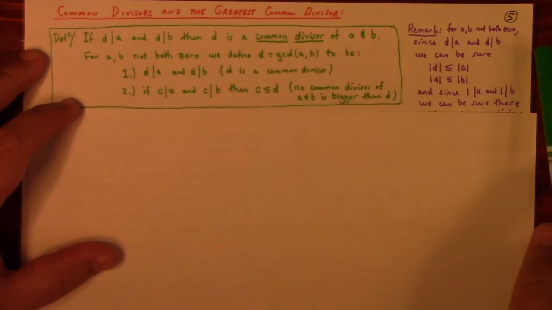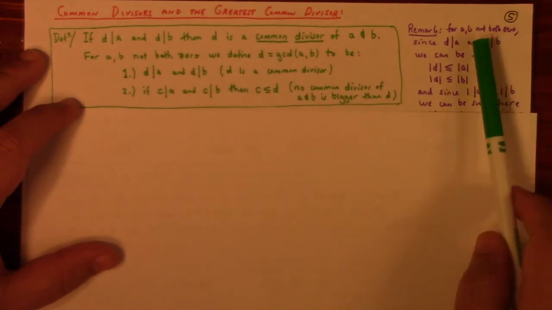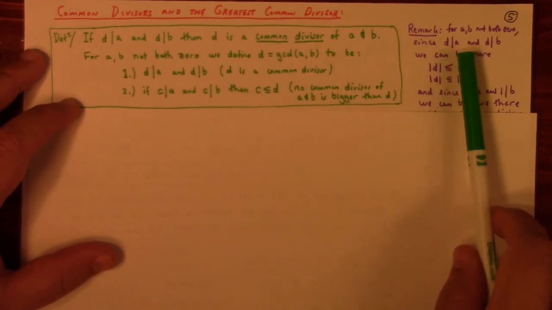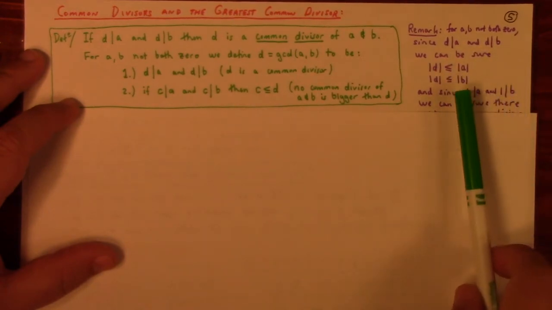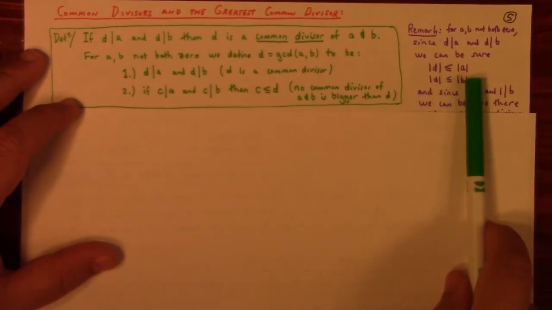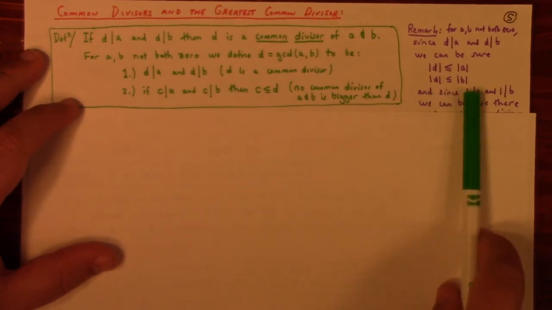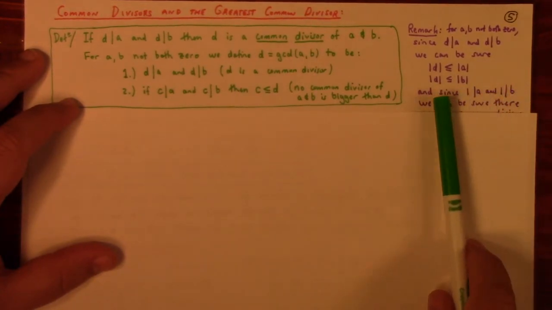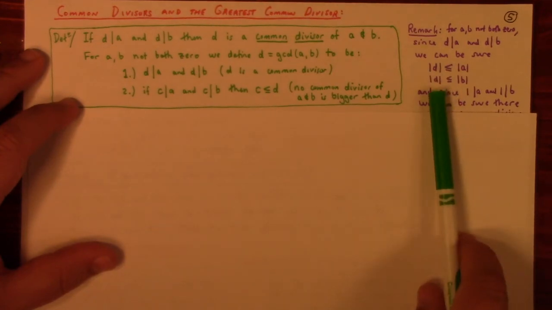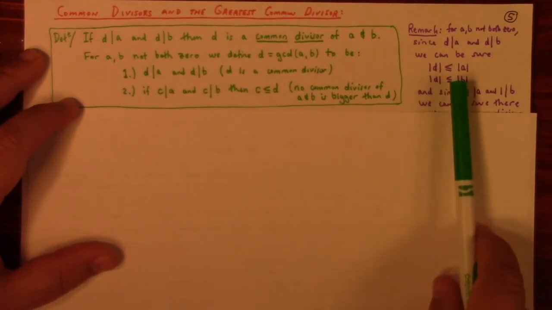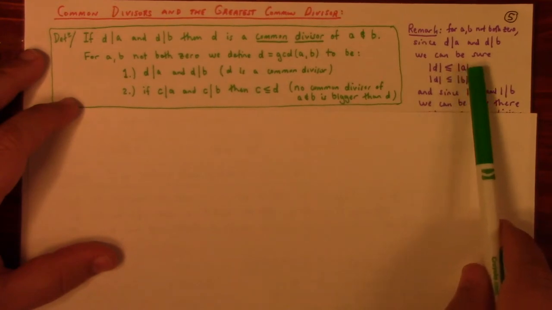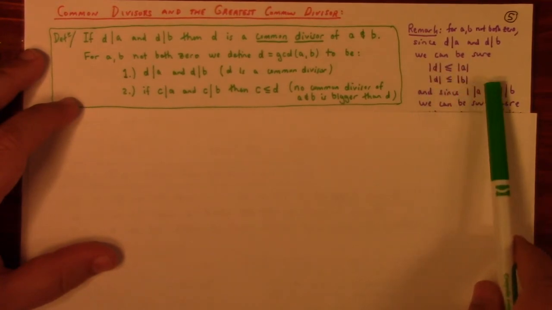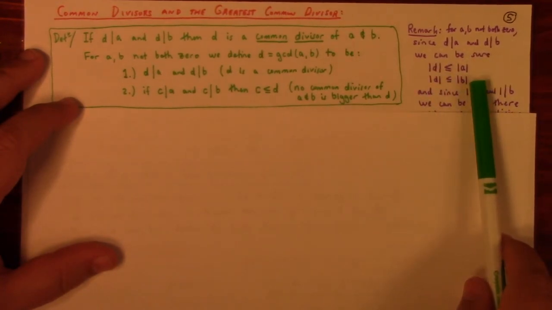On the other hand, if they're not both 0, then if D divides A and D divides B, we can ensure that the magnitude of D is less than or equal to the absolute value of A, and the magnitude of D is less than or equal to the absolute value of B. And so that puts a maximum that the absolute value of D could take, namely the product of the absolute value of A and the absolute value of B.